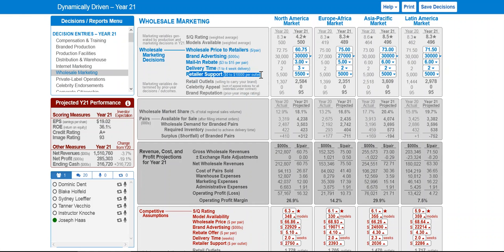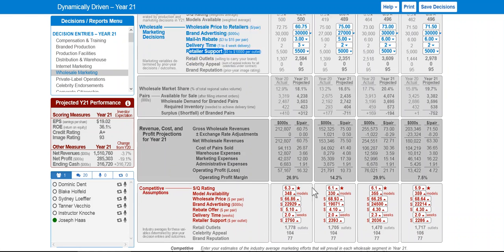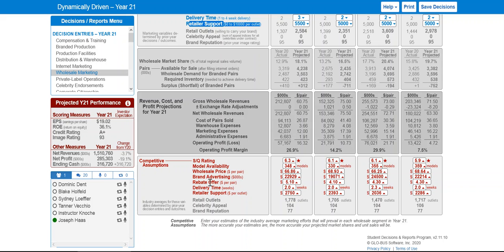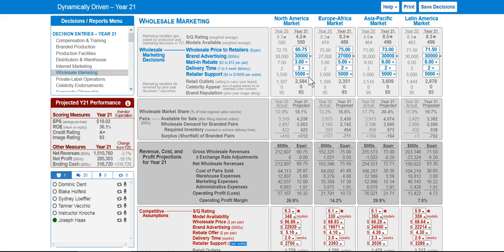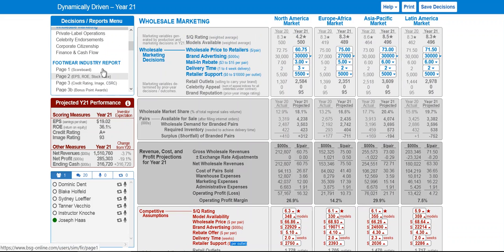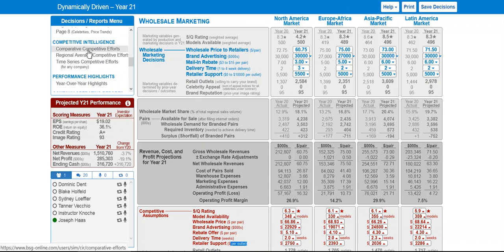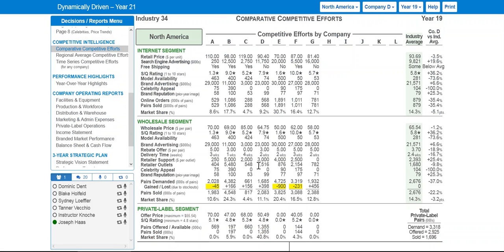Retailer support. Retailer support is expensive. We generally wanted to be more than what the average is. The average retailer support was $27.50, so I always tried to be above whatever the overall average was. And all that really means is if you go back to competitive intelligence, here's the retailer support.